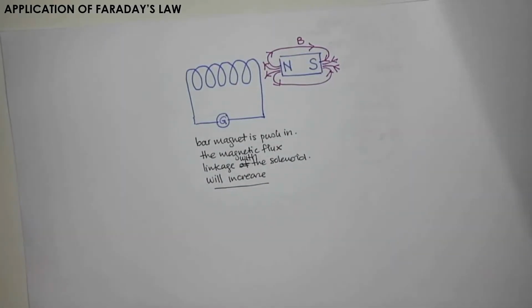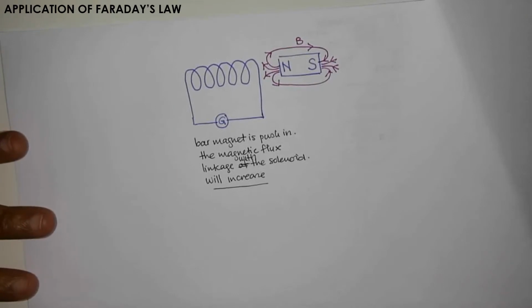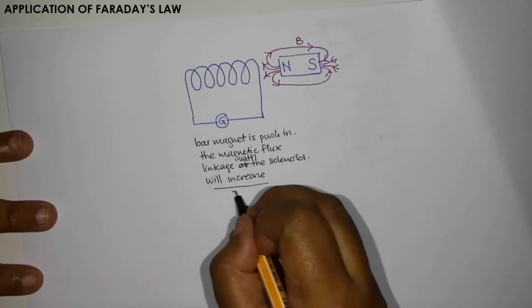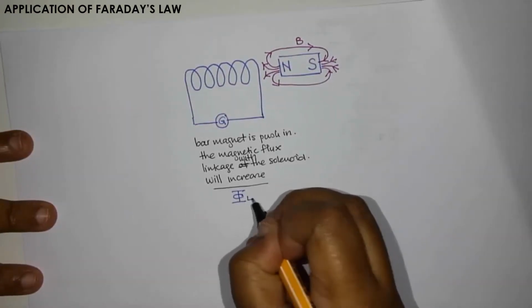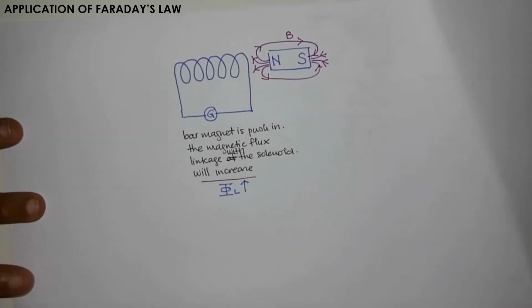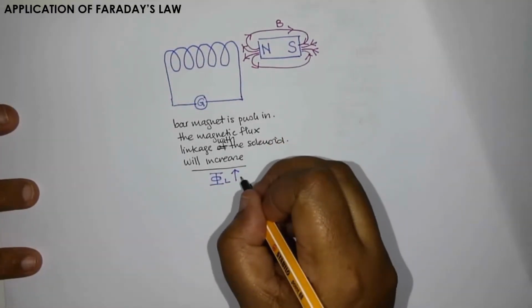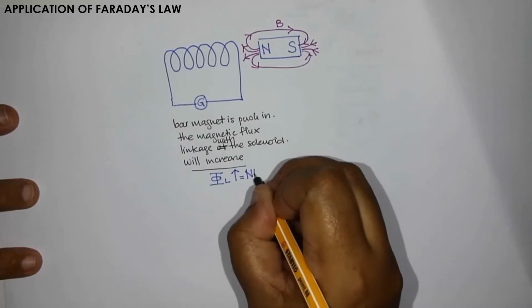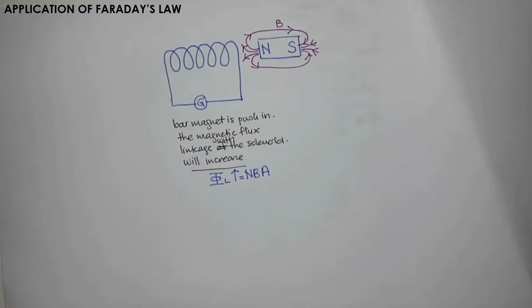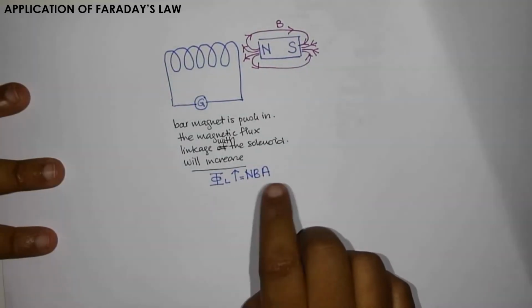Now, why will the magnetic flux linkage with the solenoid increase? Because we know magnetic flux linkage equals NBA.